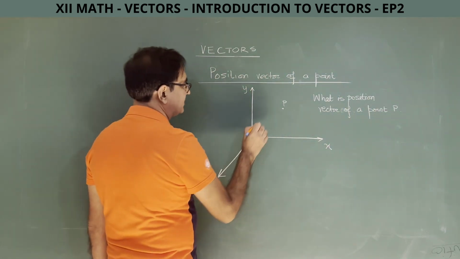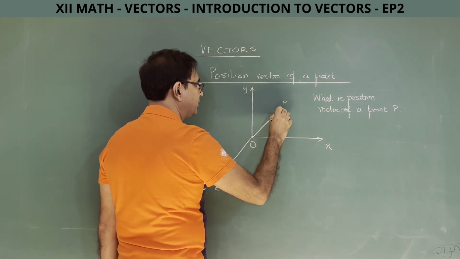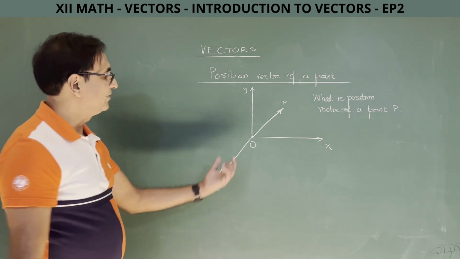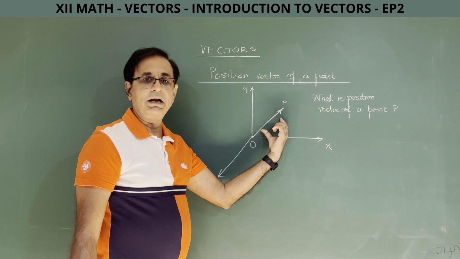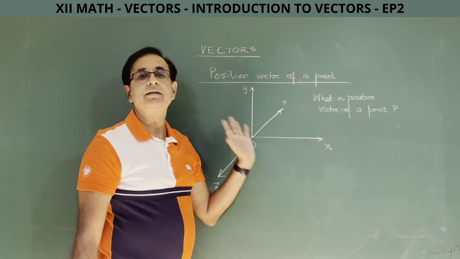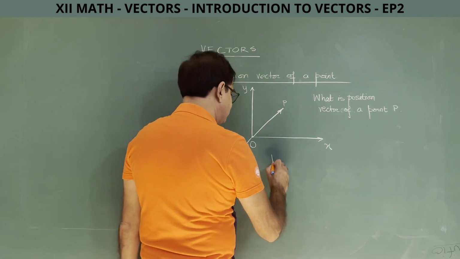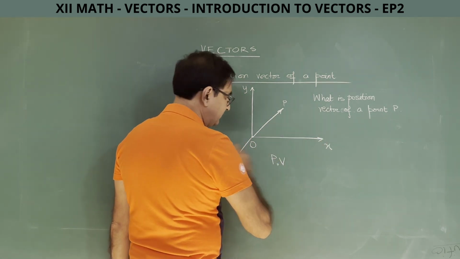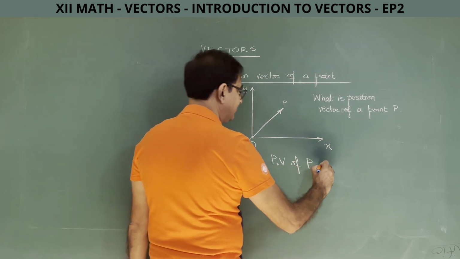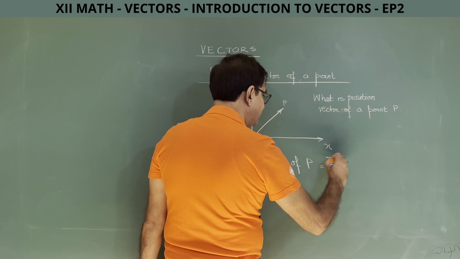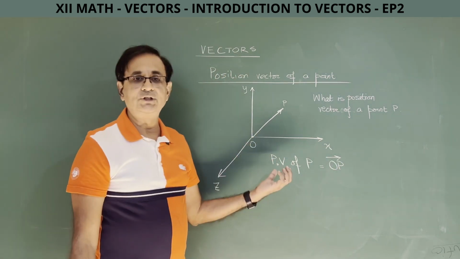From the origin, you take a scale and join P with a straight line and put an arrow towards P. Now, this has become a vector because this is a line segment of a definite length and it has a specific direction which you can see on the blackboard. So, position vector of point P, which I can write in short like this, is vector OP.